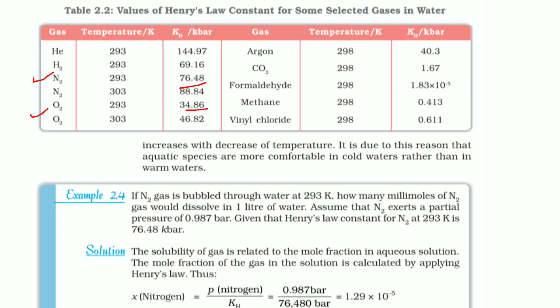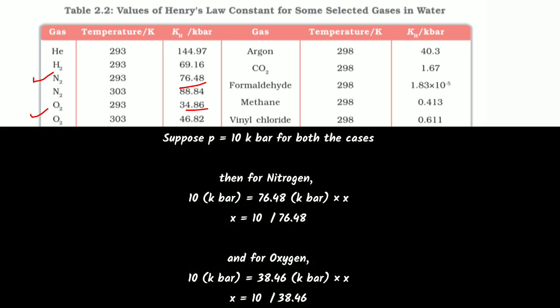So now coming back to our example here, if the pressure is the same in the two cylinders, and the kh value of the nitrogen is high, then the x will be low, because we have to multiply kh into x to get the same value of p for both the cases. So for nitrogen the kh value is high, so x will be lower than the oxygen, because in case of oxygen kh is lower than the nitrogen.